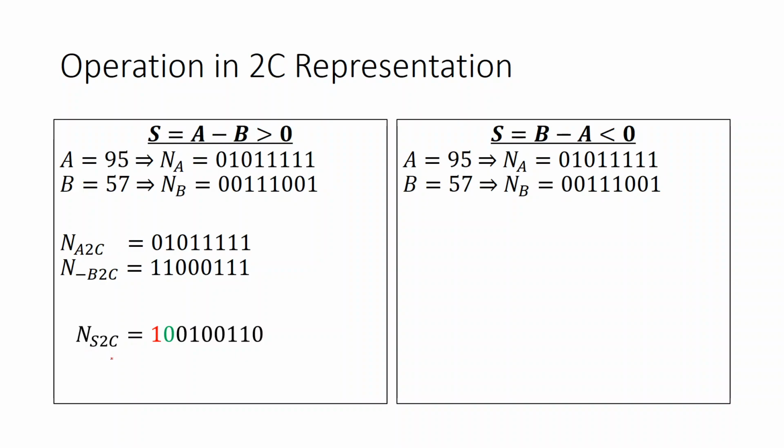Please mind it, the result that you will find is not a binary, but it is in 2's complement representation. And what is the length of the word we are dealing with? We are dealing with an 8-bit word, 8-bit 2's complement representation. So the result must also be interpreted in 8-bit 2's complement representation.